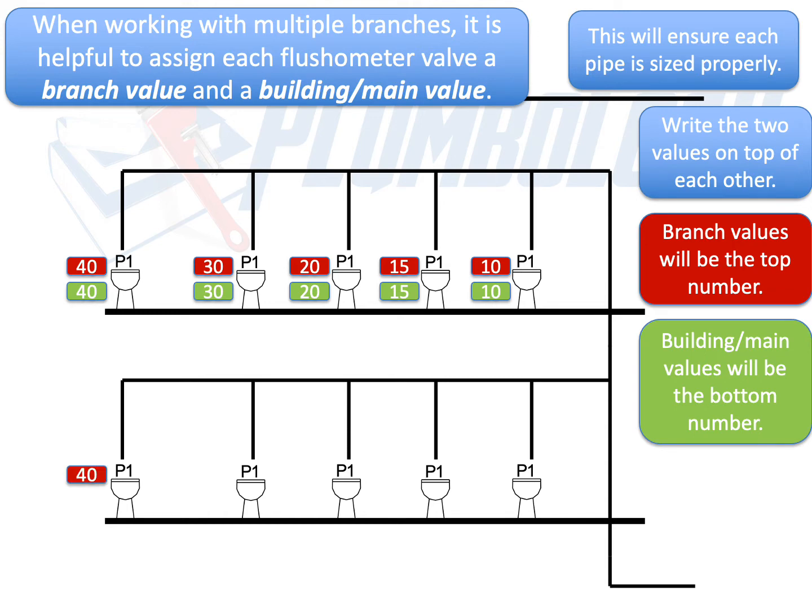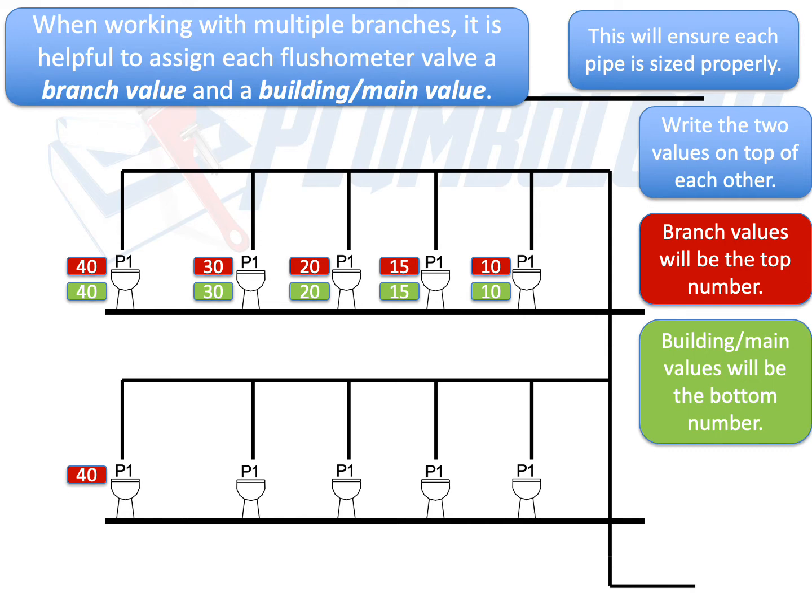Going down to the next floor, which would be your first floor, we have a new branch. Every time we have a new branch, we have to go to the most remote part of that branch and start sizing. Start labeling fixture units.